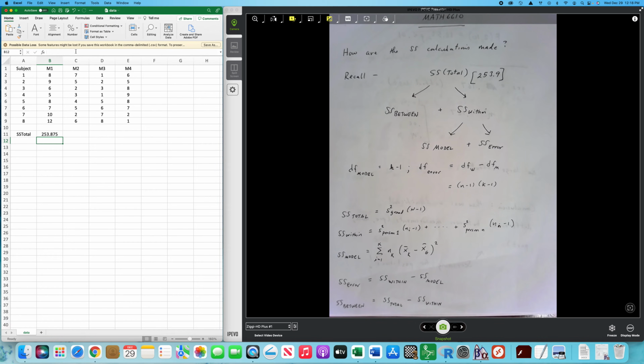Now the sum of squares within, typically this measurement, this variation, and when I say typically, a traditional ANOVA really looks at the variation within the groups, right? It doesn't do that here. It looks at the variation within the person, within the subject.